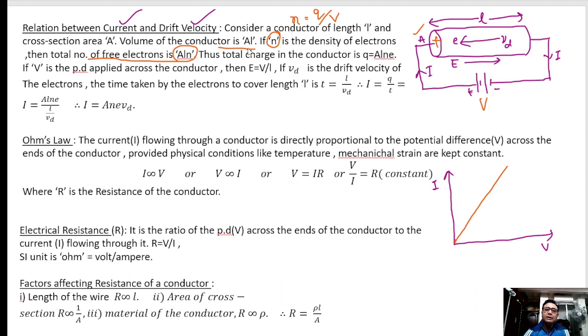Each electron has charge e, so these many electrons will have a total charge of ALne.